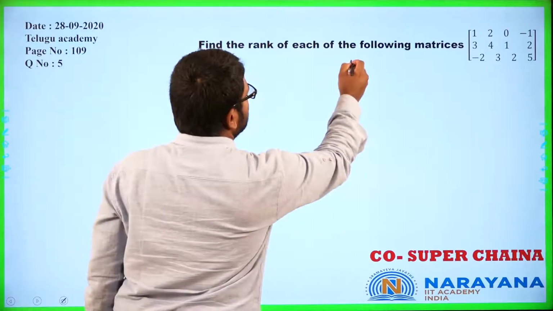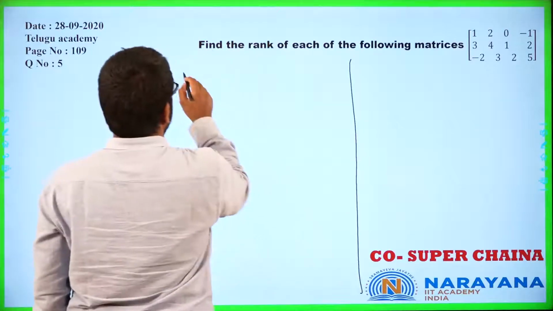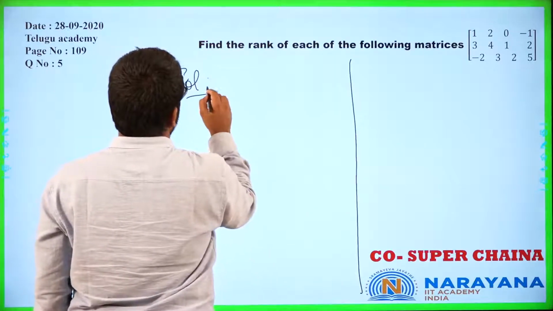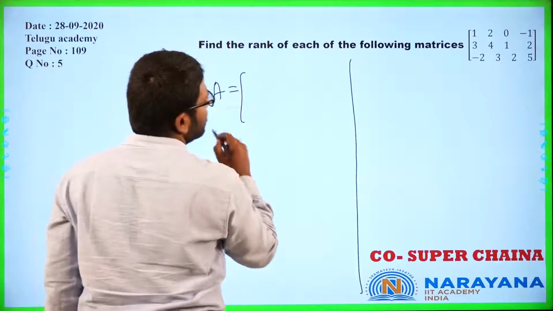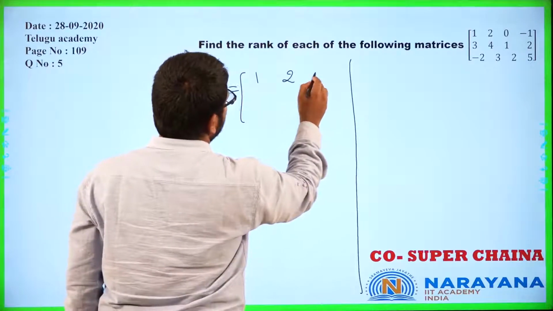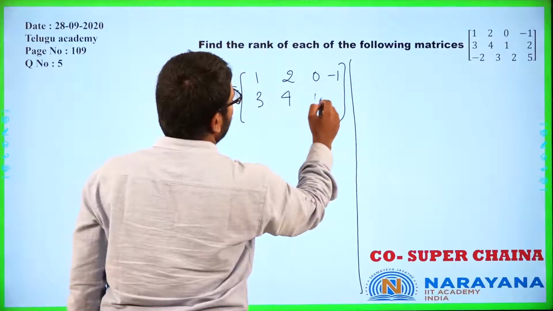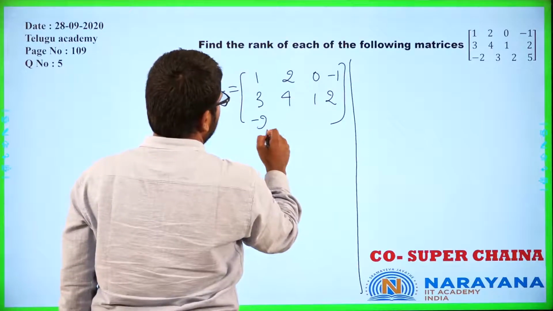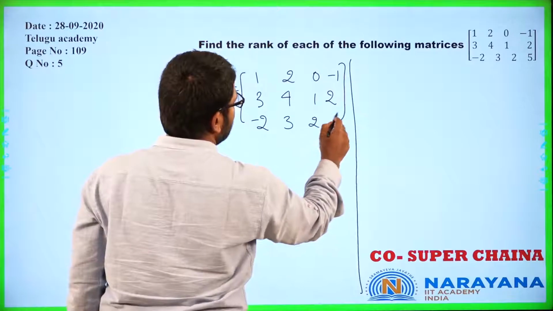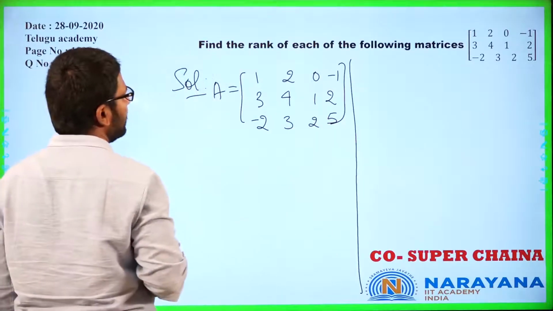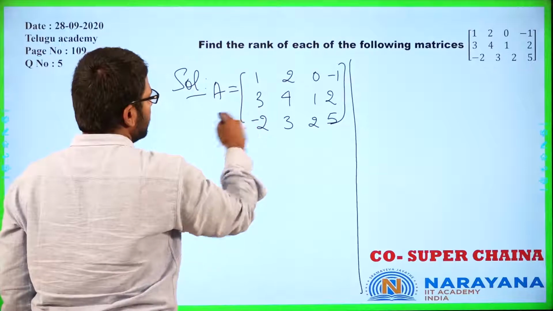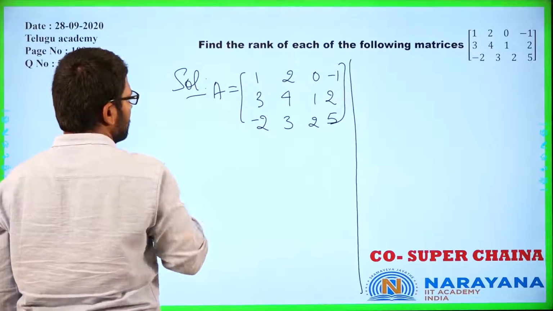Alright. We have a slightly bigger matrix this time. A is equal to 1, 2, 0, minus 1, 3, 4, 1, 2, minus 2, 3, 2 and 5. Alright, so we want 0 and 0 here. So, hold on.